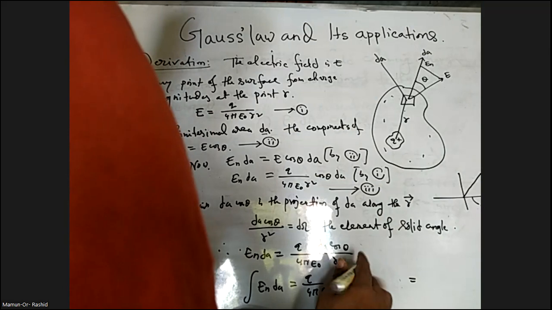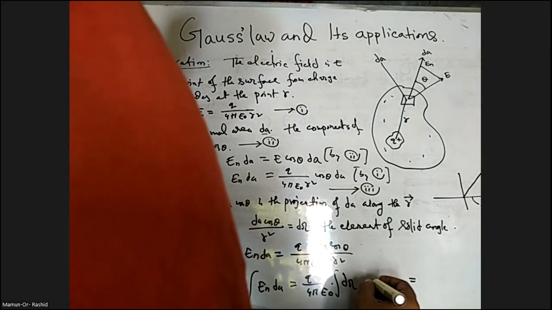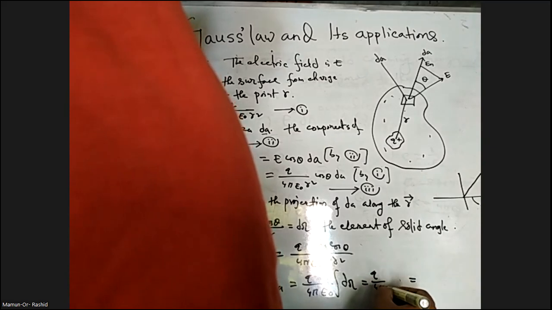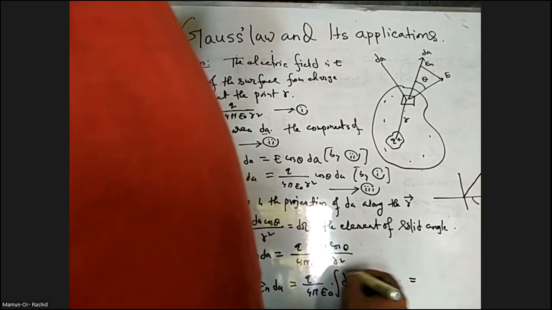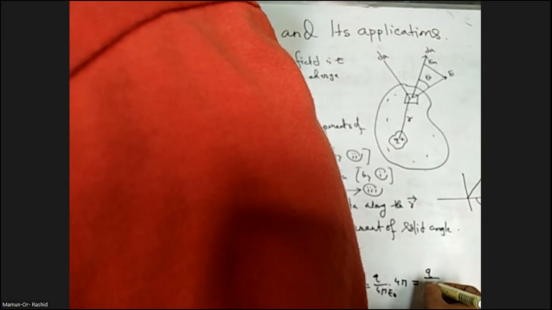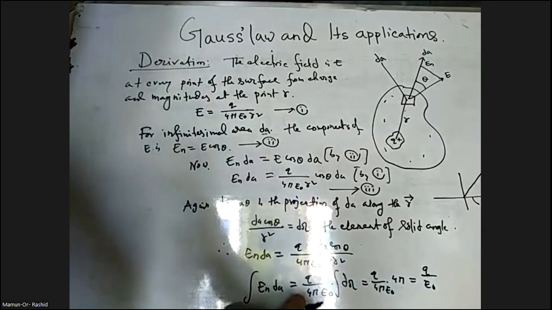So this integration will be Q by 4 pi epsilon naught, and this total angle will be 4 pi. So 4 pi will be cancelled, and we get only Q by epsilon naught.